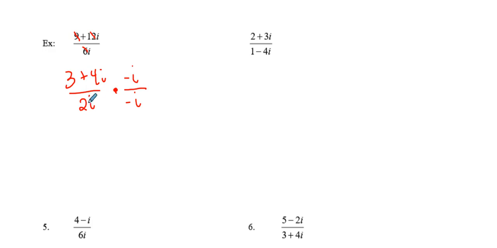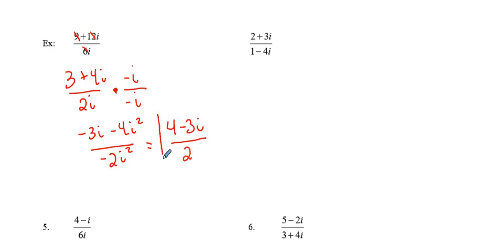To simplify it, all I need to do is get rid of the i aspect, and I'm going to make it a negative so that I get negative 3i minus 4i squared all over negative 2i squared. So now you can see why it was a negative i, because this becomes 4 minus 3i all over negative 2i squared, which just becomes a positive 2.